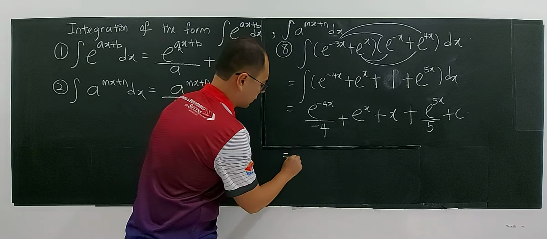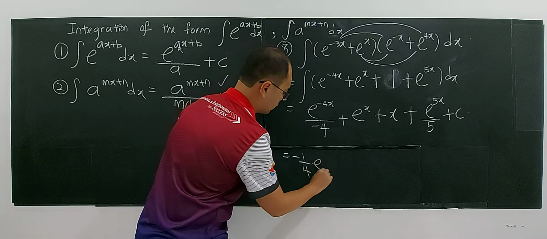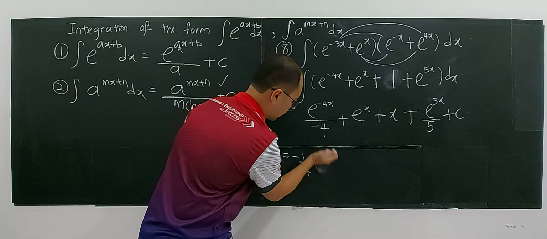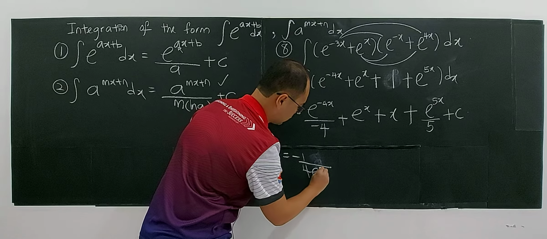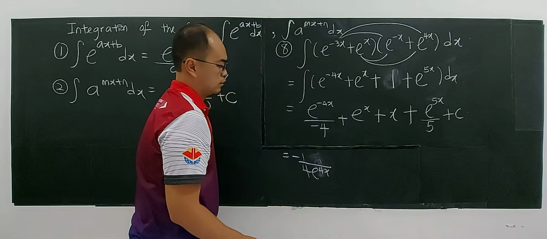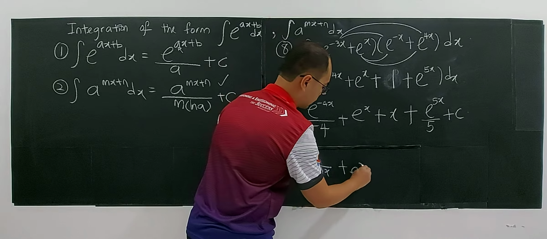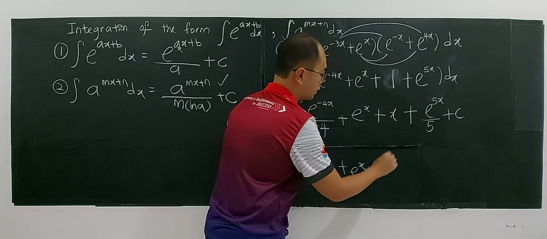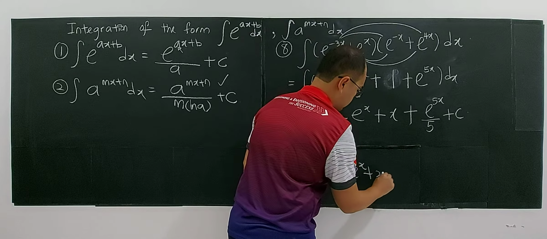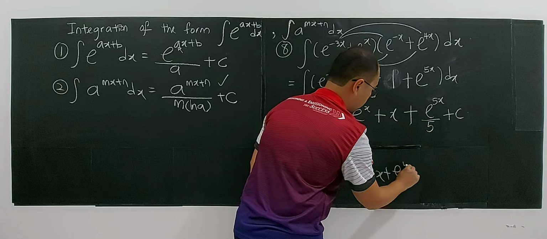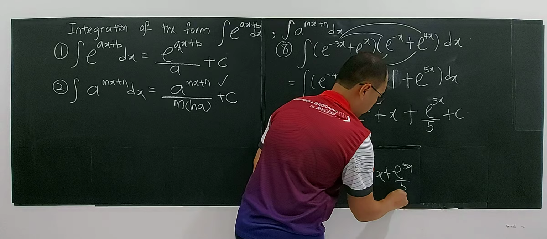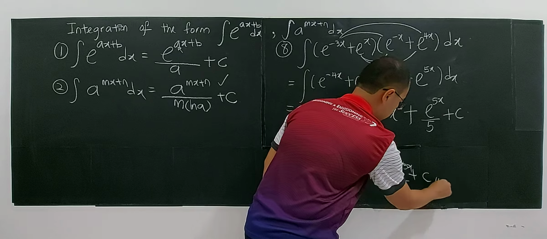So then we have negative 1 over 4 e^(-4x), or I can rewrite this as 1 over 4e^(4x), you can bring this down, plus e^x plus x plus e^(5x) over 5, plus c.